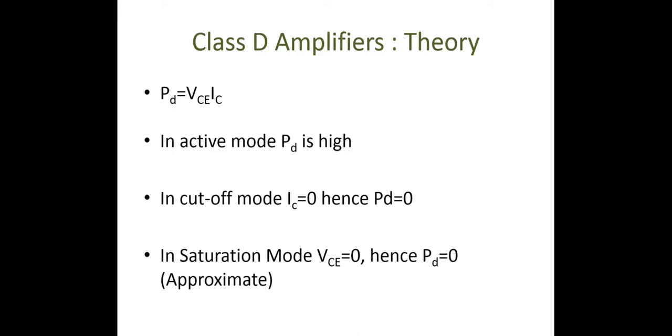In cutoff mode the current is 0, so there is no power dissipation, and in saturation mode VCE is approximately equal to 0. It's not exactly 0, but it's very small. Its value will be around 0.5 to 0.7 volts. So power dissipation can be approximated as 0.